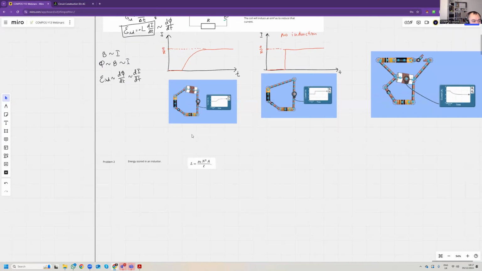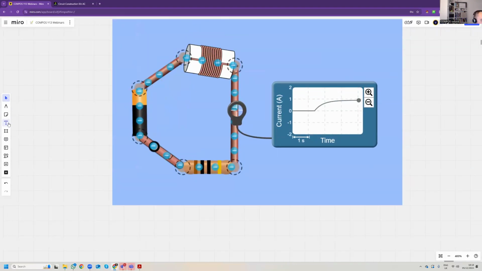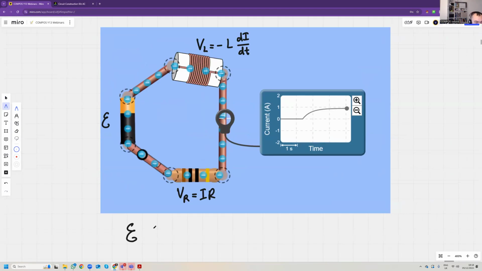So in effect, the voltage on the resistor is IR. The voltage on the inductor is minus L di/dt. And here the EMF is constant. So you have to say that the EMF is used up on VL plus VR.